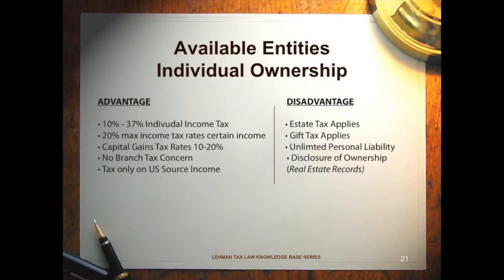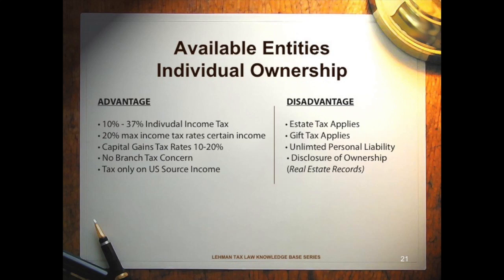Now, the first item is individual ownership. It's really not recommended to come here as an individual and buy a U.S. asset. Yes, you will have a lower tax rate, starting at 10%, going to 37%.